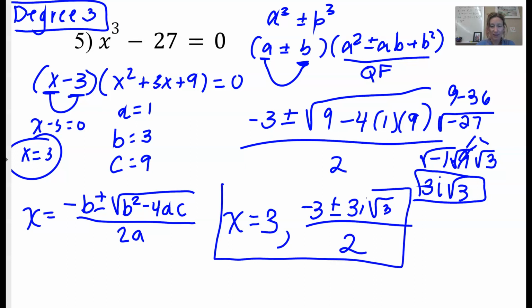And that's the final answer. Ooh, that was wonderful. And so, are there 3 solutions here? Because the degree was 3. Here's 1, and then here's 2, and then here's 3. So yes, there are, because we would get different values when we added the 3i rad 3 than when we subtracted the 3i rad 3. But I'm not going to make you do that with your calculator or anything, so we're good.